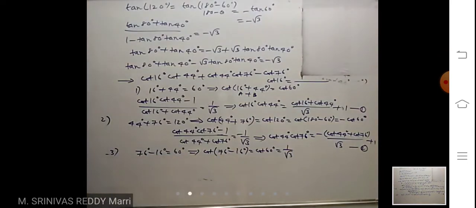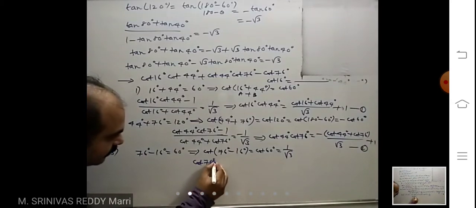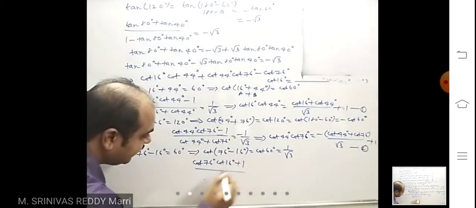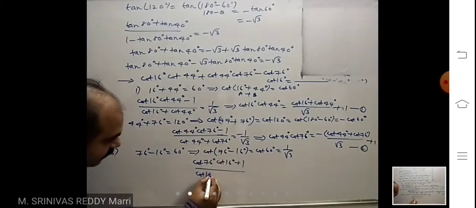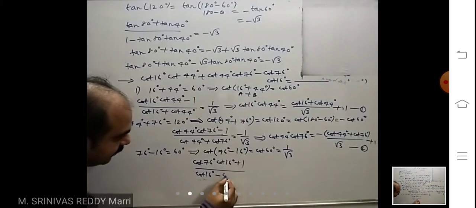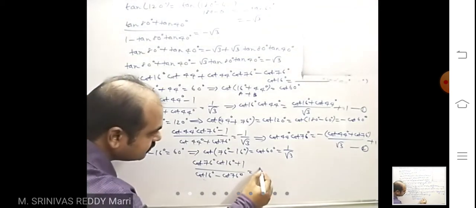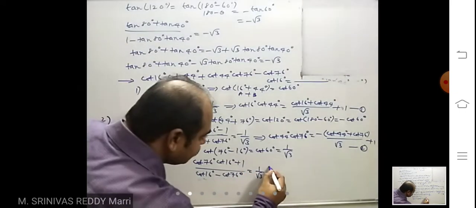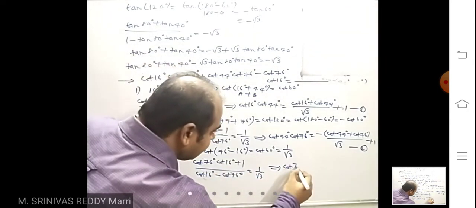Now this is cot of A minus B. What is the formula for cot of A minus B? Look at it: (cot A cot B plus 1) divided by (cot B minus cot A). So this is nothing but 1 by root 3. Now bring that side. Therefore, my product is here.